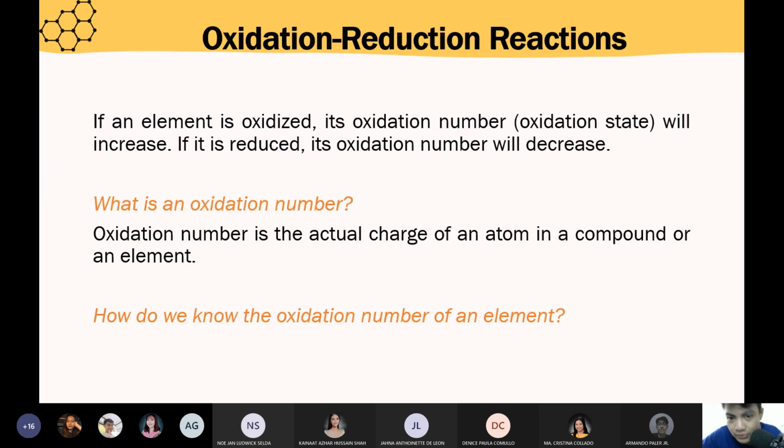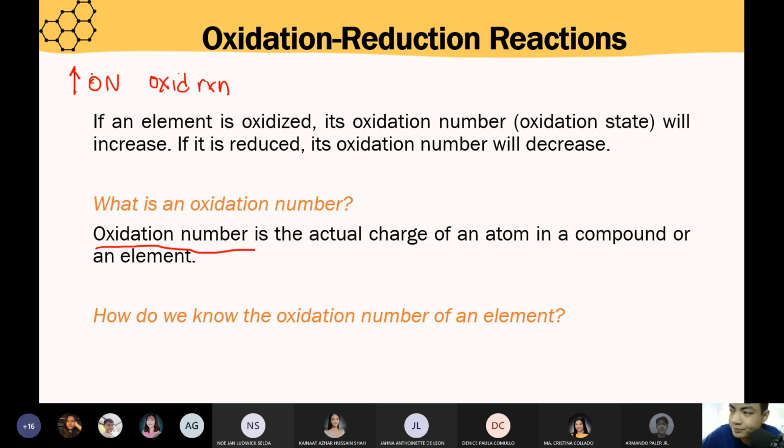charge, we have to use a specific term called the oxidation number. Okay? So if your element is oxidized, meaning it underwent oxidation reaction, its oxidation number will increase, okay? So from 0, it will be positive, okay? So an increase in the oxidation number means that your species underwent oxidation reaction, okay?